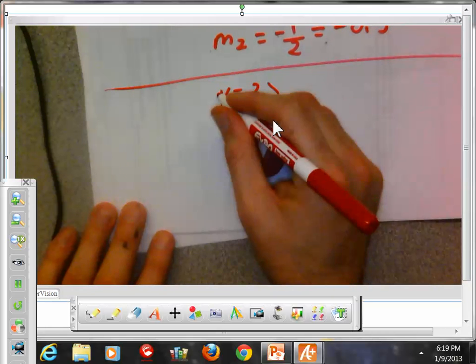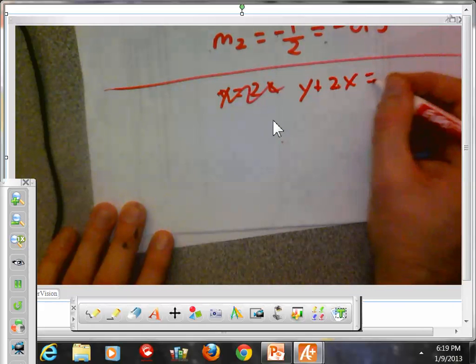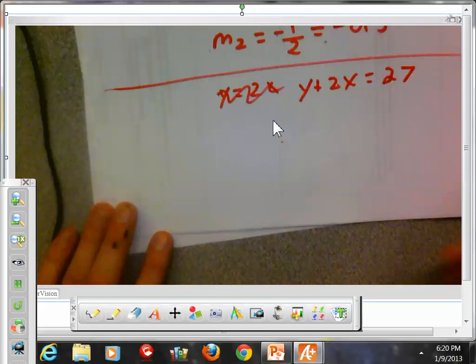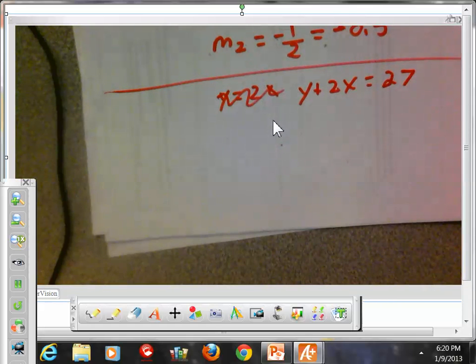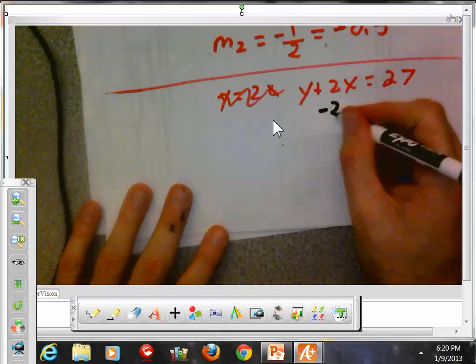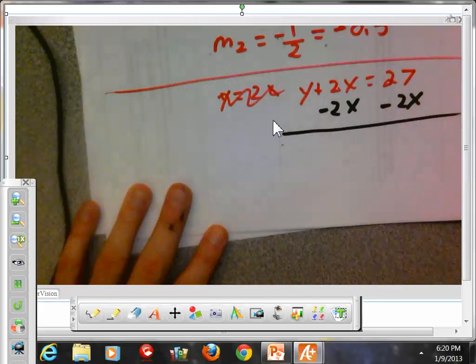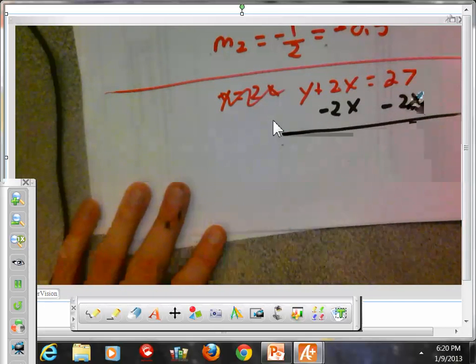I'm sorry, y plus 2x equals 27, right? Is this in the form y equals mx plus b? How can I get it in the form y equals mx plus b? Subtract 2x from both sides, I think I heard? Okay. So if we subtract 2x over here, and we subtract 2x over here, then 2x minus 2x is what? 0.